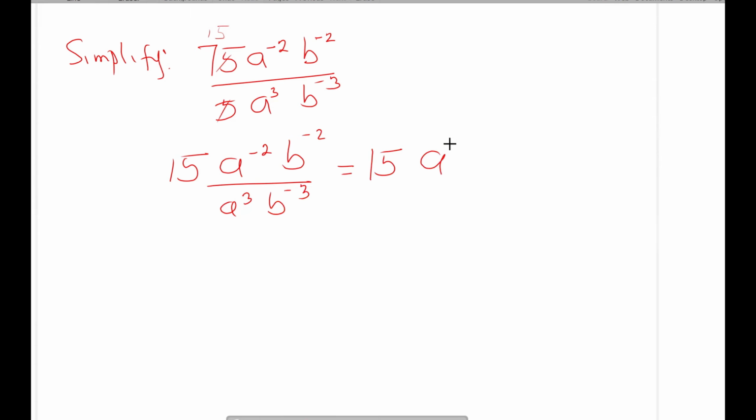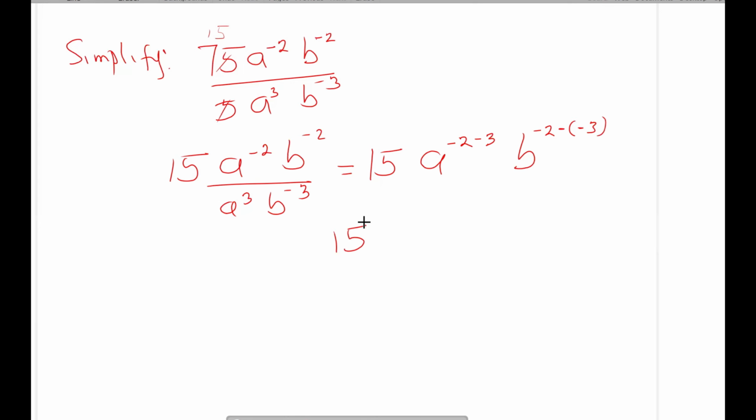The power of the numerator for a is minus 2, and for the denominator it will be minus 3 because it's subtraction. Now going to b, the power of the numerator is minus 2. Division is minus, but the denominator here is minus 3, so you should be very careful and put it in brackets, minus (minus 3).